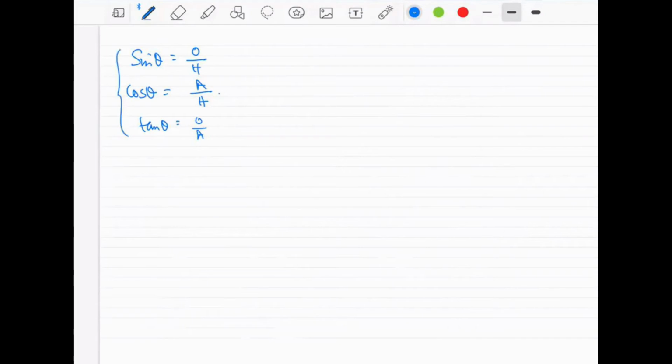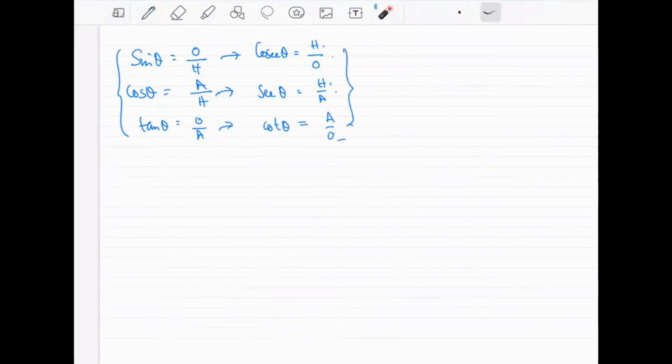And you can write the other remaining 3 as reciprocals. For sine, that will be cosec theta, so we write hypotenuse by opposite. For cos theta, you write sec theta, which is hypotenuse by adjacent. And for tan theta, we write cot theta, which is adjacent by opposite. That's the first 6 that you need to remember. And as I've told you all, you need to remember these 3 only. The others, you can just remember as the reciprocals.